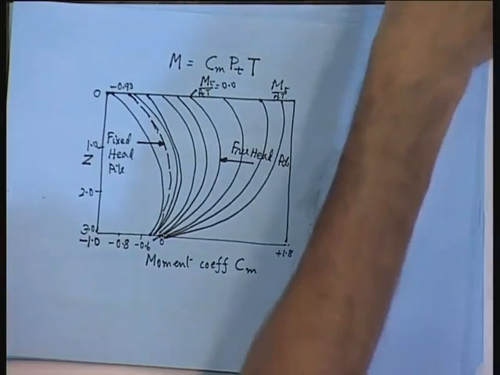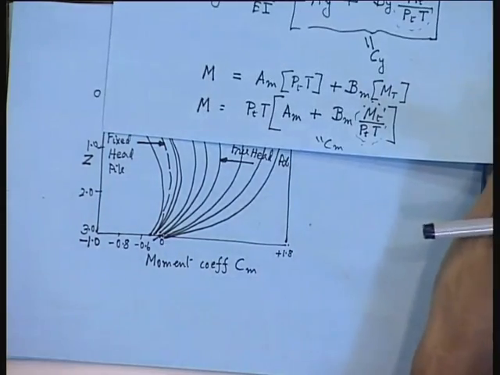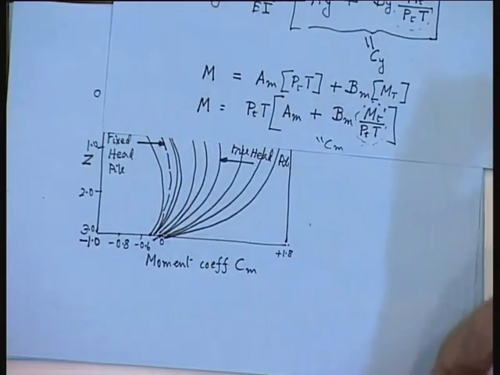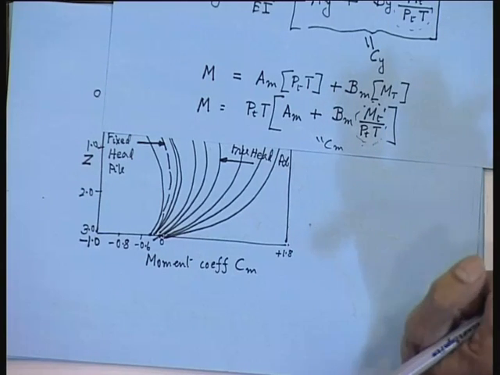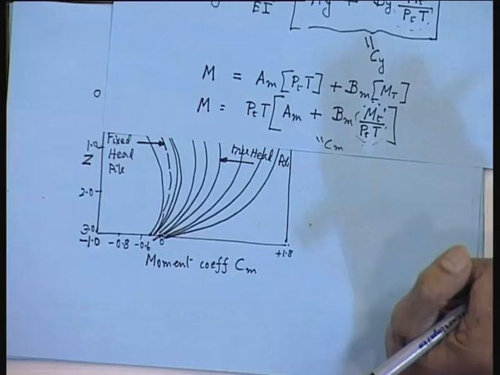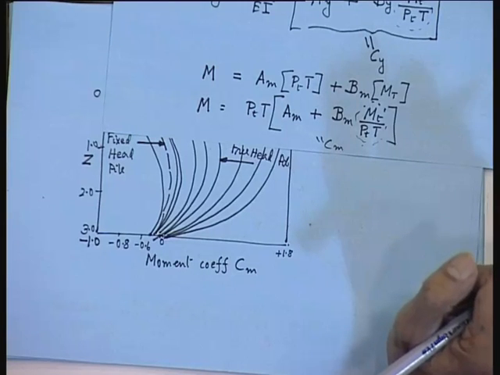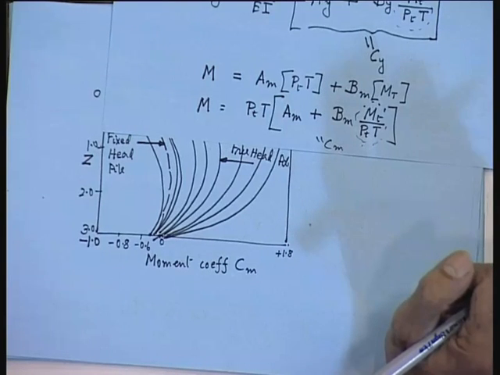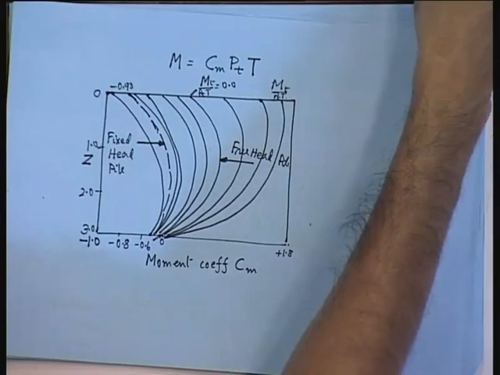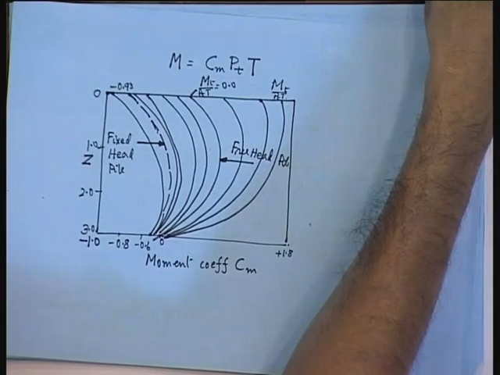So, once Cm is known, that means you can calculate bending moment. So, bending moment and deflection you can get. So, after you have got the bending moment, then what else can you do? Dy is equal to Ay plus By into mt by pt into t.